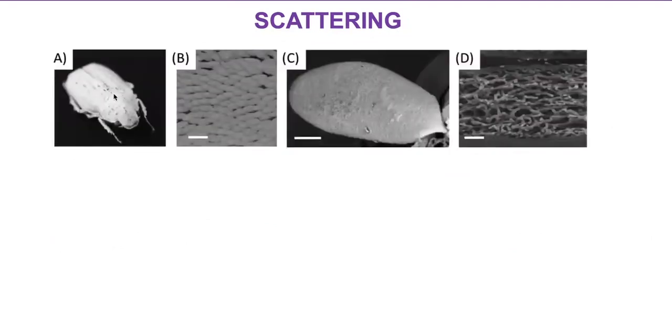Another important phenomenon for why you can see white coloration is that if you take the scanning electron microscopy of this structure, you see highly anisotropic, meaning not spherical, structures. If you look even further, you see a highly disordered structure.